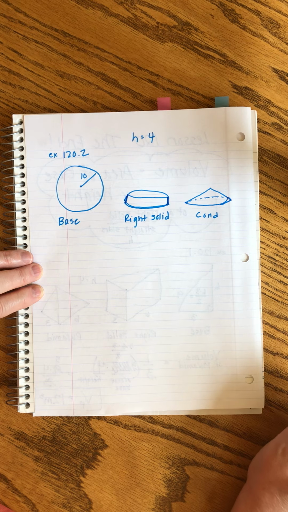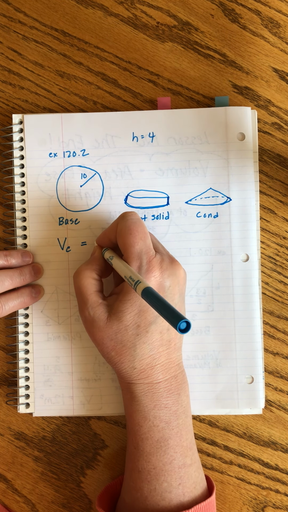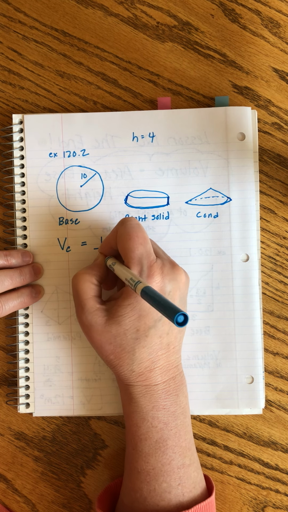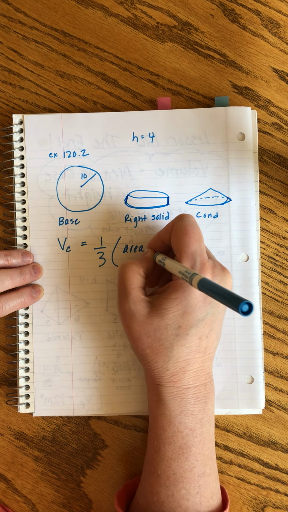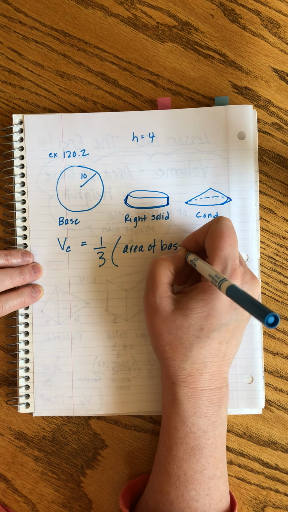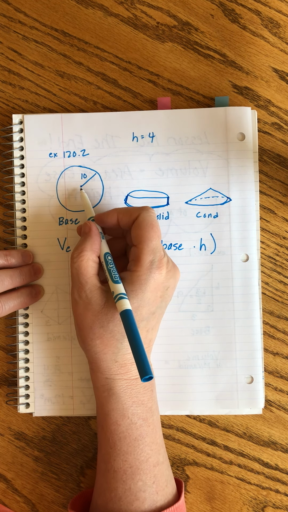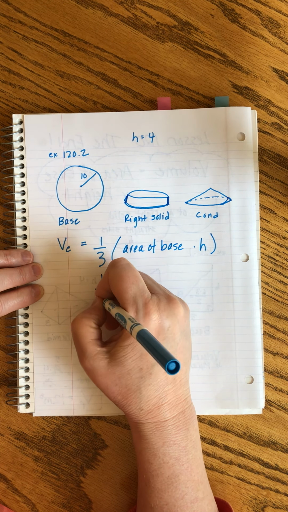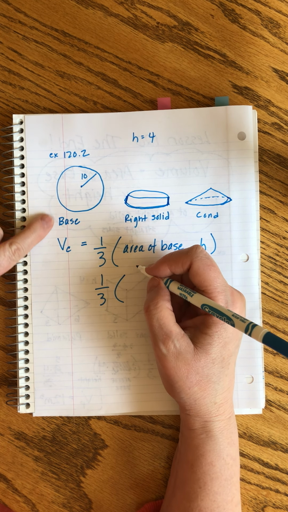Okay, so we know to find the volume of the cone, we want to take the 1/3 magic fraction and we want to multiply that by the area of the base. And we want to multiply that by the height. Okay? Here's the base. What's the formula for the area of a circle?